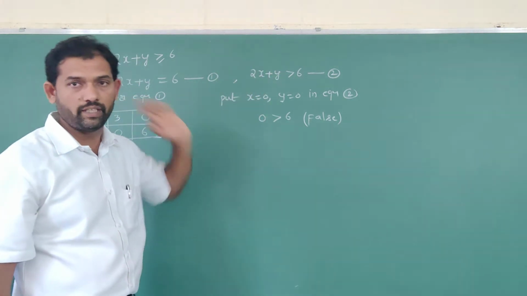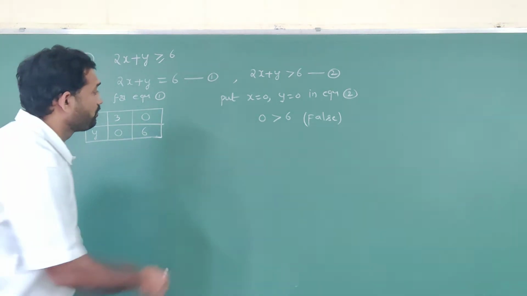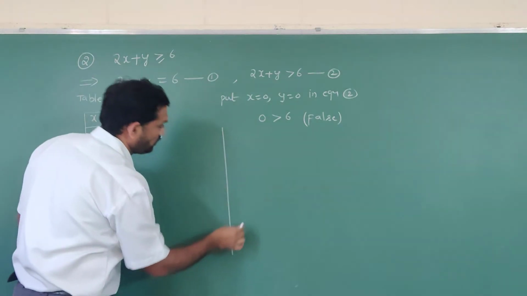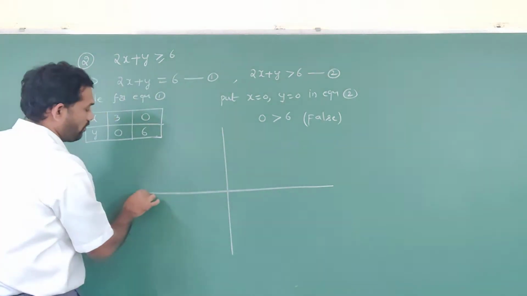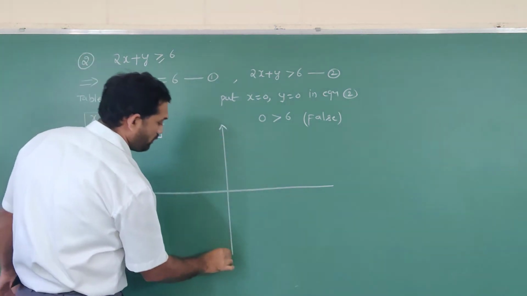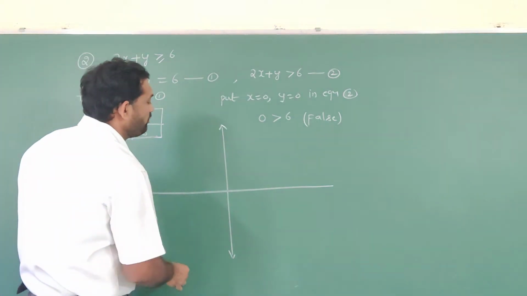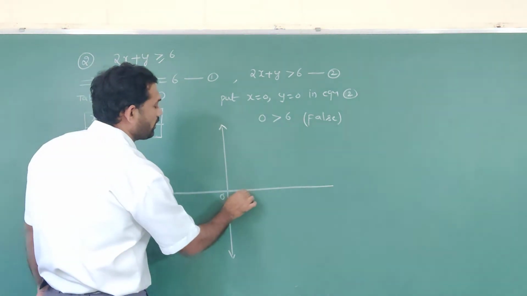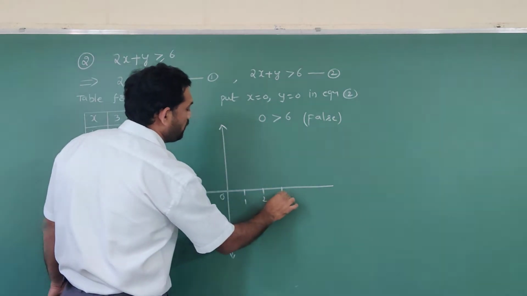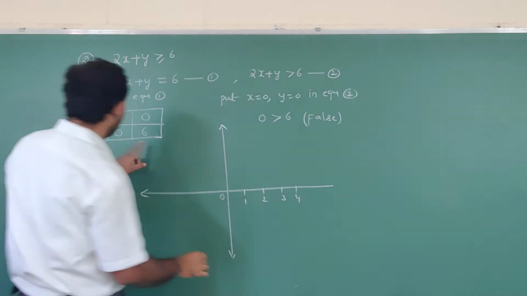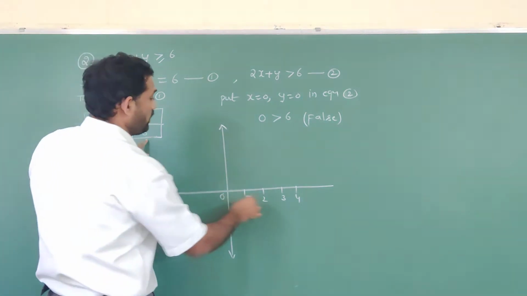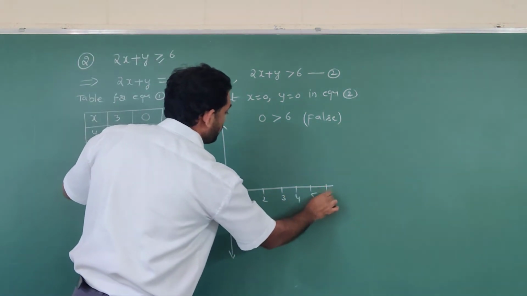After this take the graph. Graph 0, 1, 2, 3, 4. So the maximum value is 6 only. That's why 5, 6.